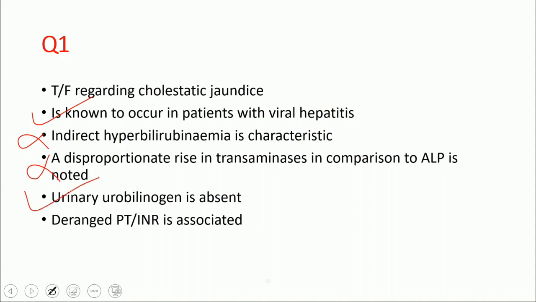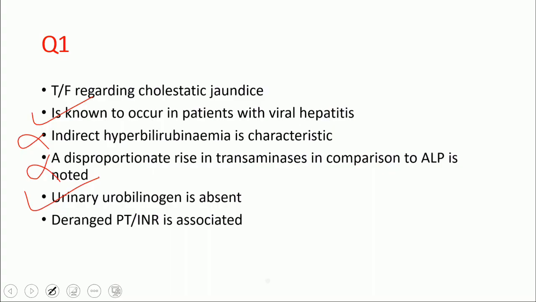But another related point is that if you check their bilirubin diglucuronide levels or conjugated bilirubin levels in the urine, that will be high, right? Because of this obstruction, the very water-soluble conjugated bilirubin regurgitates into the bloodstream and is excreted in the urine.